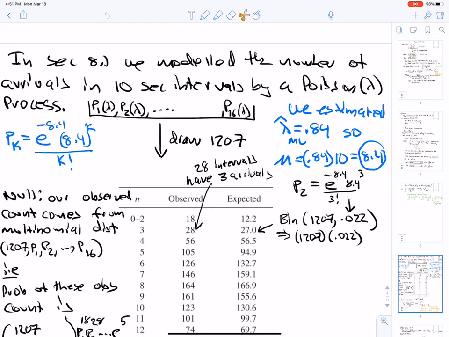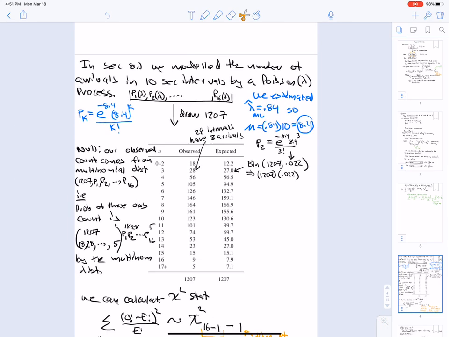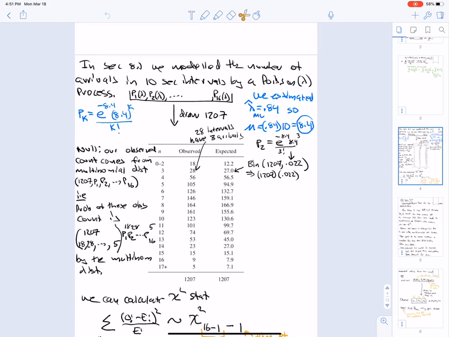So now let's take a look at this table that we looked at when we did chapter 8.1. So here we were modeling the number of arrivals in 10-second intervals of a Poisson lambda process. So we can imagine we have this box with P1 lambda, P2 lambda up to P16 lambda. So these are the probabilities of getting 0 to 2 arrivals, 3 arrivals, 4 arrivals, 5 arrivals, and so on in a 10-second interval.